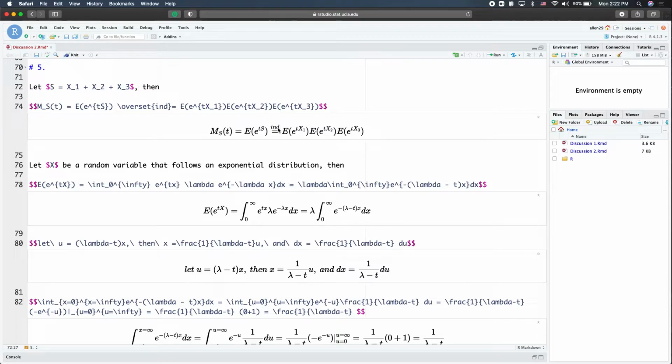Because there's the keyword independent, we can decompose it into a product of the three individual moment generating functions. Once we have that formulated, we can solve for the individual component.